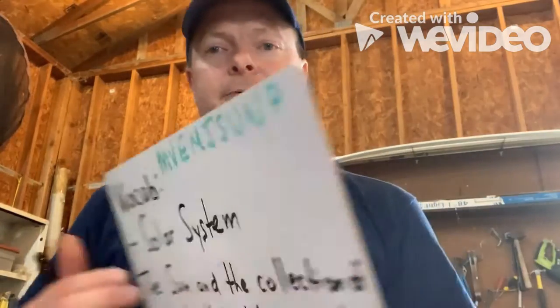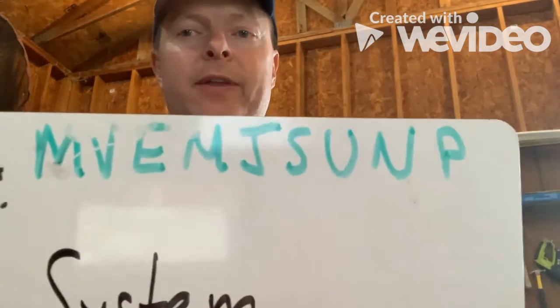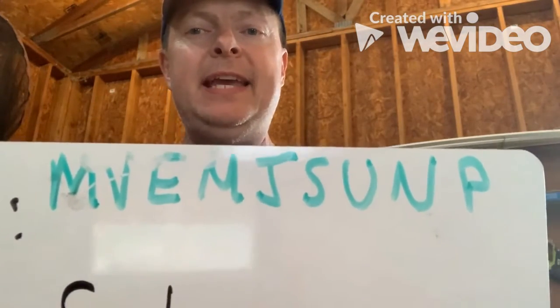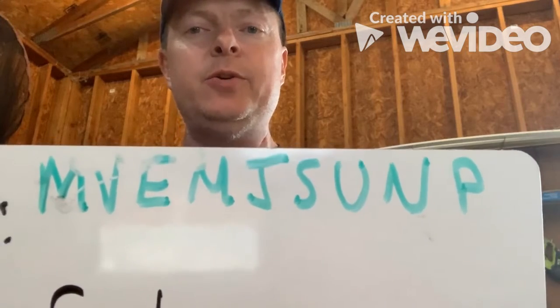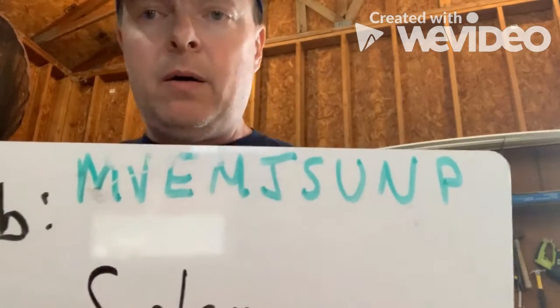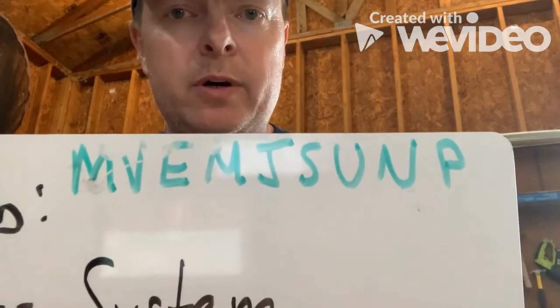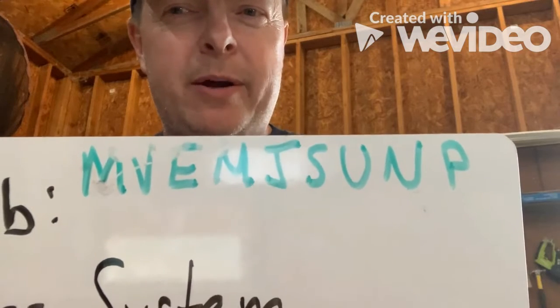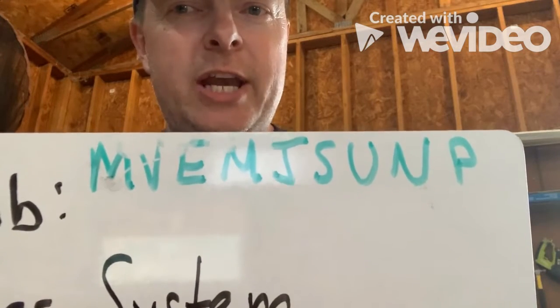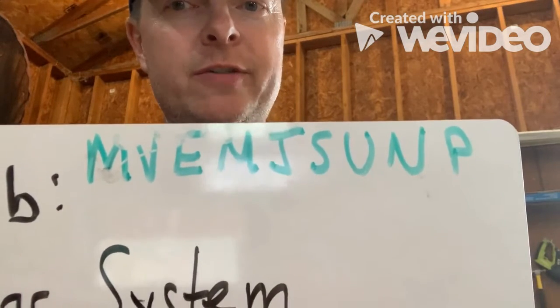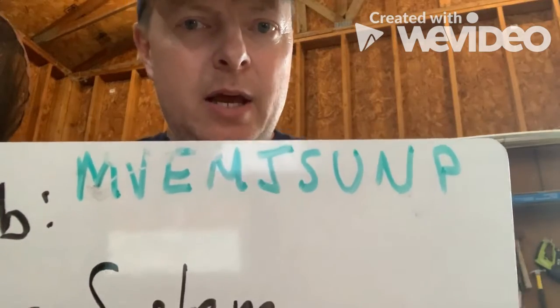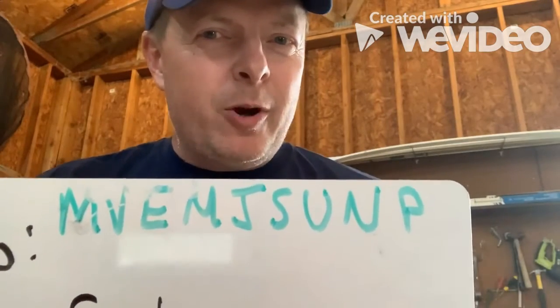And here's what I'm gonna do. So on our vocab page for the solar system, you might have seen right at the top, MVEMJSUNP. Now, that's the planets in order. If you don't know it, I always think about it. My very educated mother just served us 9 pizzas, but I'm an old guy and I keep Pluto in there.